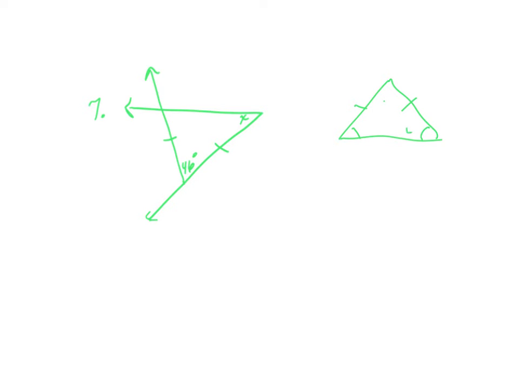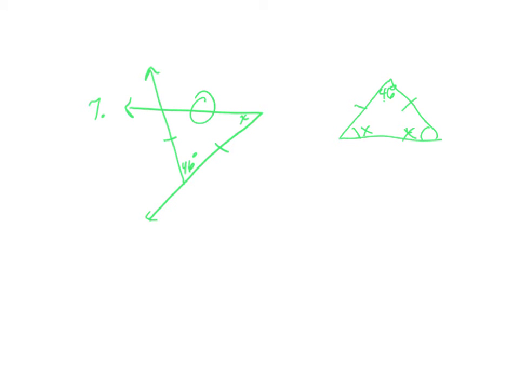So this is x and 46. It's not equilateral because they didn't tell you anything about this side. It's isosceles. So they're not asking you what kind it is, but you need to know what kind it is to know how it interacts, okay?